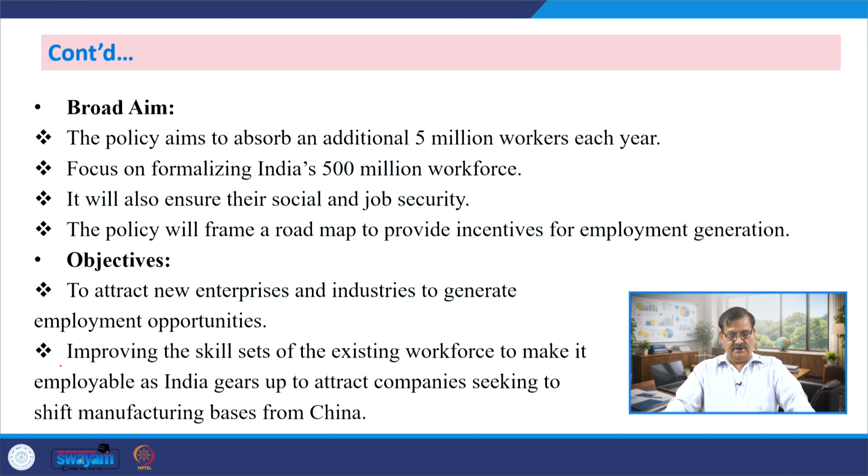The policy will frame a roadmap to provide incentives for employment generation, and the main objectives are to attract new enterprises and industries to generate employment opportunities, and improve the skill set of the existing workforce to make it employable, as India gears up to attract companies seeking to shift their manufacturing base from China.